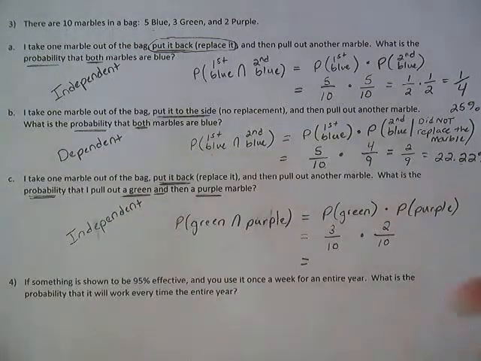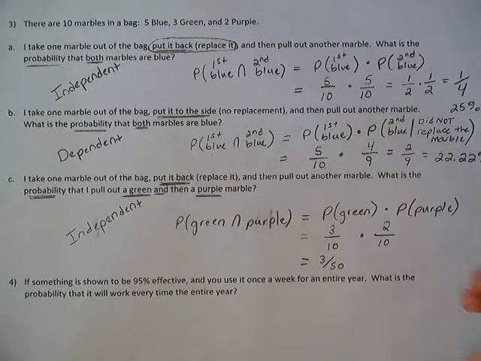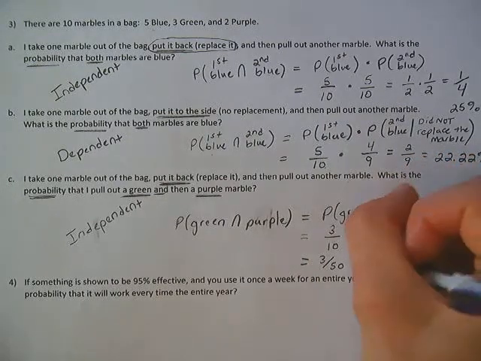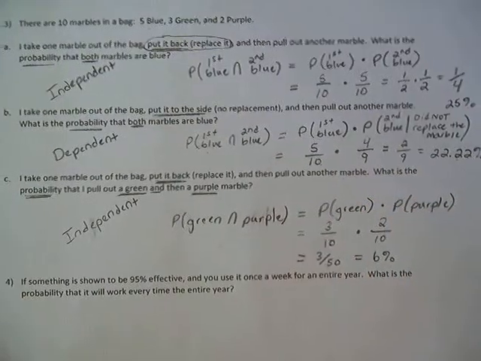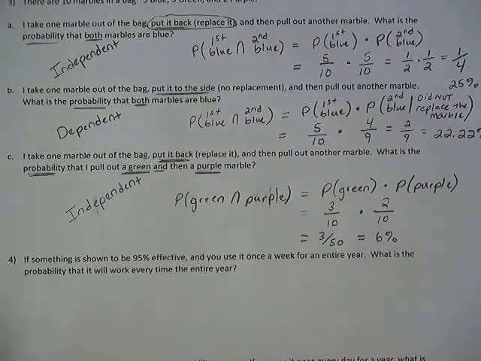Either way, as a fraction, we get 3 out of 50. So we have a 3 out of 50 chance of getting a green and a purple one, or that is a 6% chance as a percentage. So we have a 6% chance of getting a green and then a purple one out.